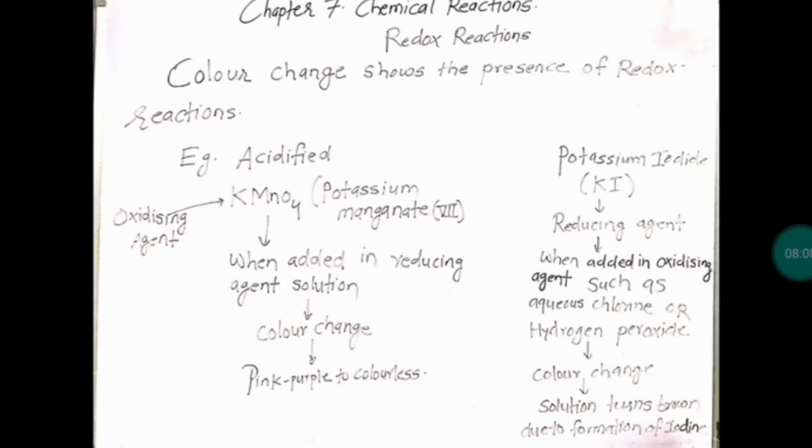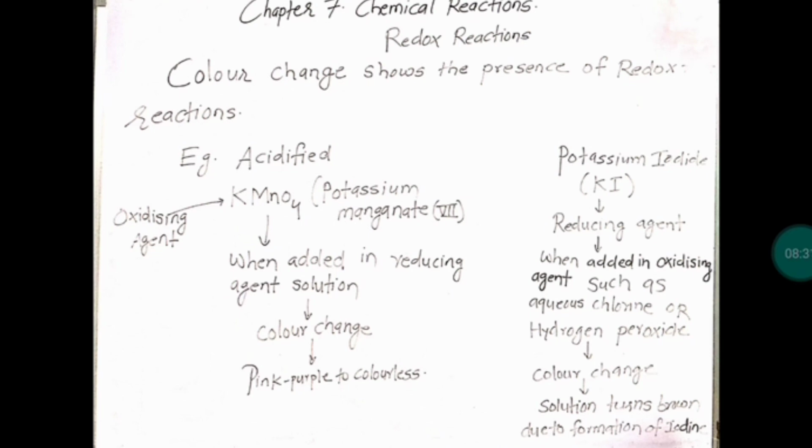Another way to find out which atom, ion or compound is getting oxidized or reduced is using color change. Color change also shows the presence of redox reactions. An example is acidified KMnO4, potassium permanganate. It acts as an oxidizing agent.